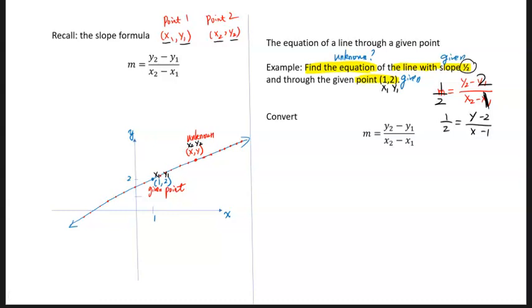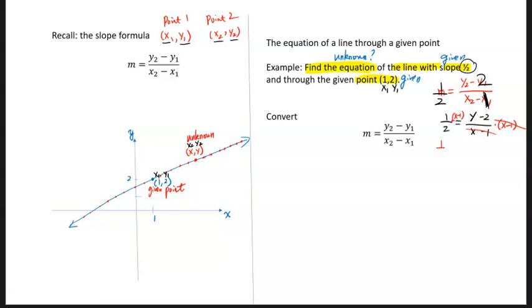For example, we can multiply both sides by x minus 1, since I want to get rid of the denominator. If I multiply the left-hand side by x minus 1 and the right-hand side by x minus 1, then x minus 1 cancels x minus 1, because if they're the same thing, we can cross them out.